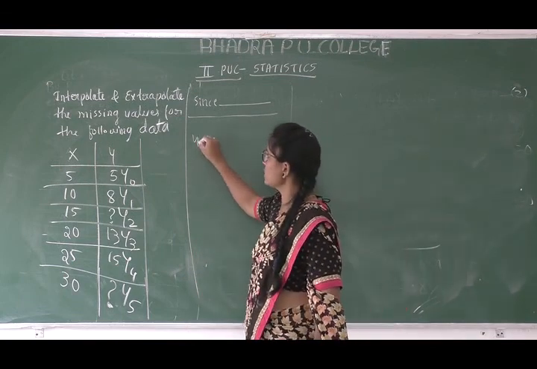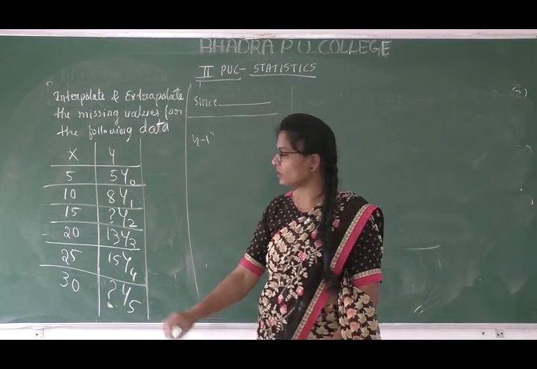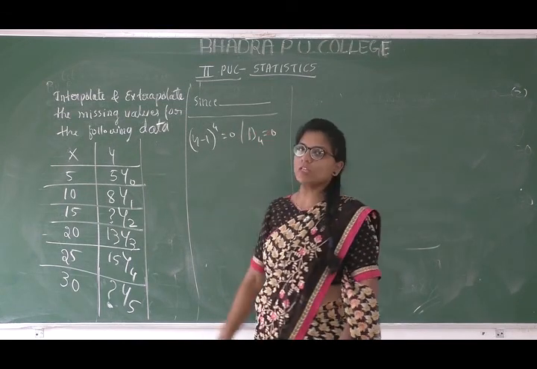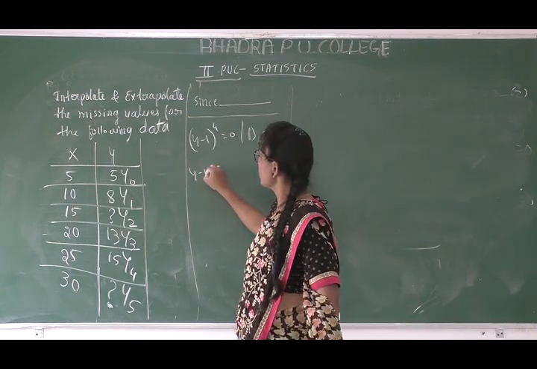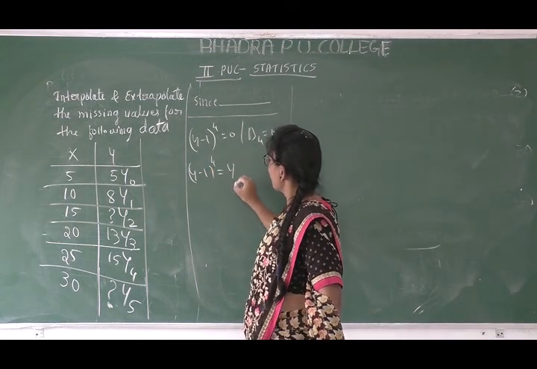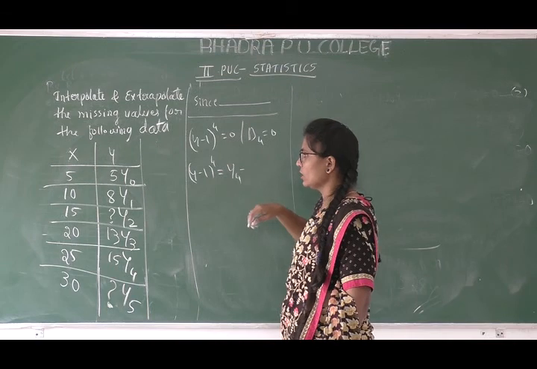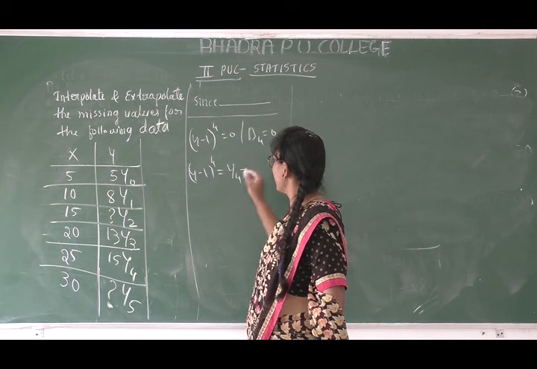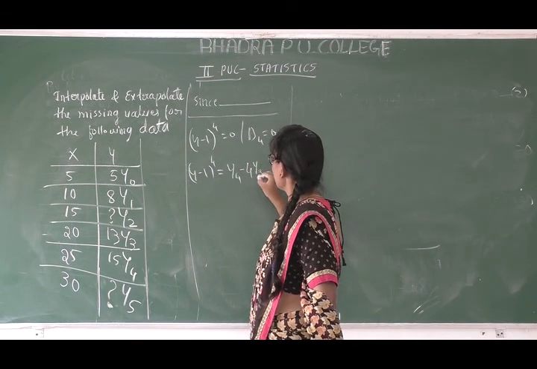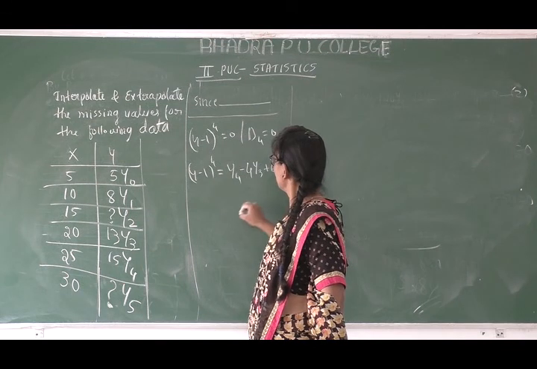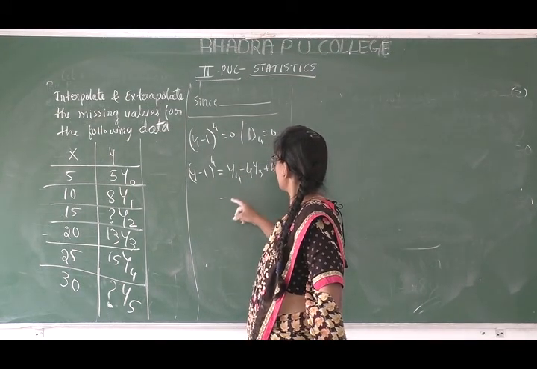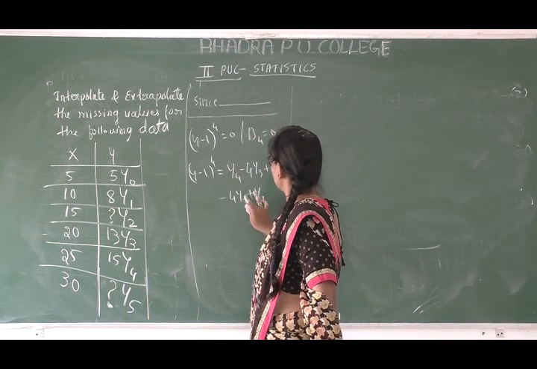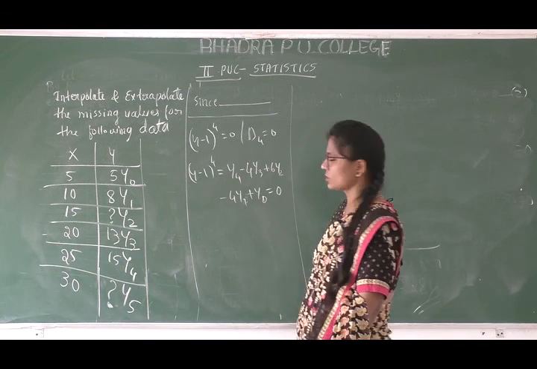Therefore, (y minus 1) to the power of 4 is equal to 0, or delta 4 is equal to 0. So this expands to y4 minus 4y3 plus 6y2 minus 4y1 plus y0 is equal to 0.